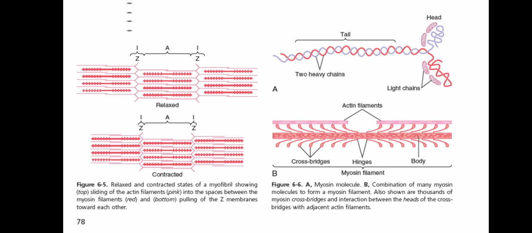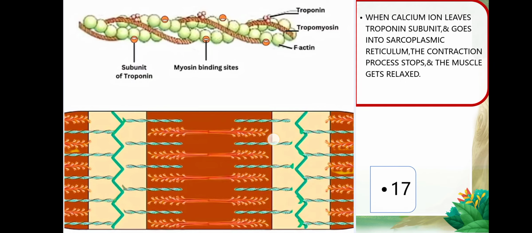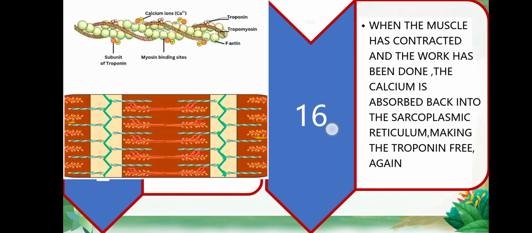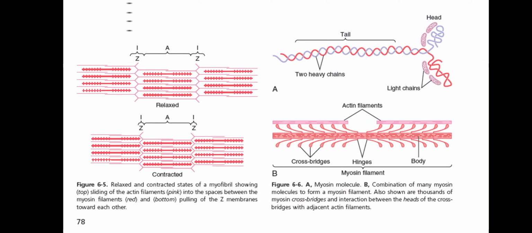Now as for the muscles, you can see there are two types of muscle, isn't it? Skeletal muscle and smooth muscle. When we say smooth muscle, those are involuntary muscles, isn't it?